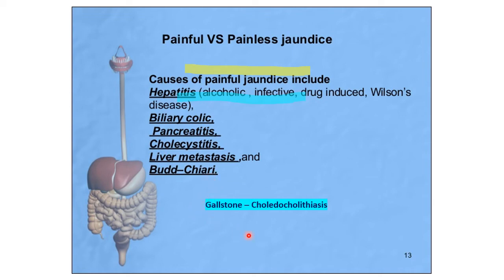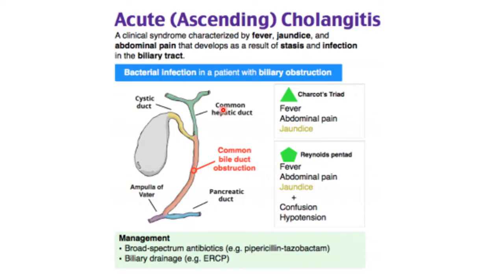Having said that, the most common cause of painful jaundice is gallstone disease, the stone in the CBD, cholelithiasis. This is a case of gallstone disease involving the common bile duct.